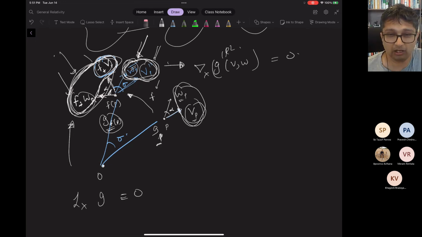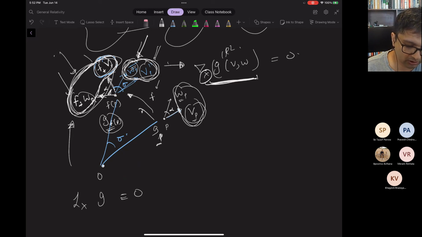They look very similar, but this condition itself depends on the path or the vector field X that you used to get from here to here, because under a different path you would get different vectors here. The inner product of those two vectors would be preserved for any metric compatible connection.